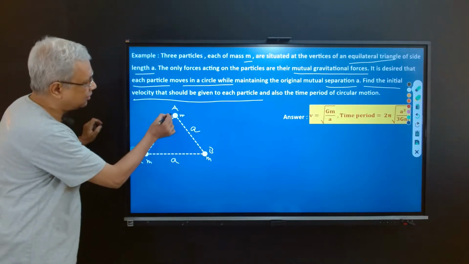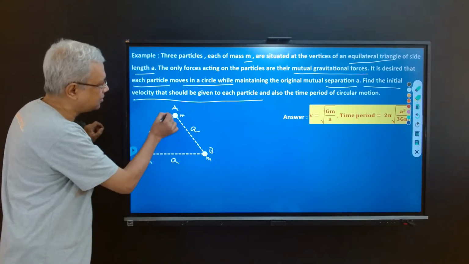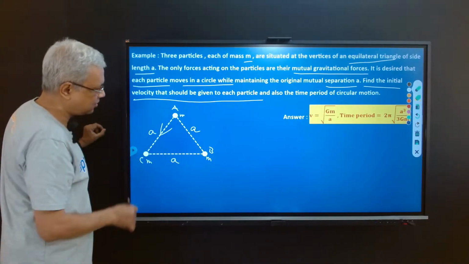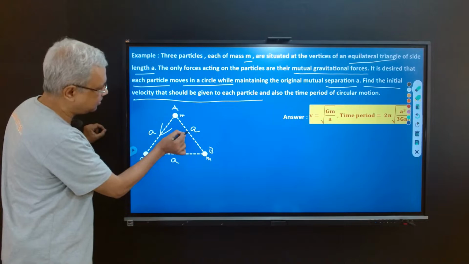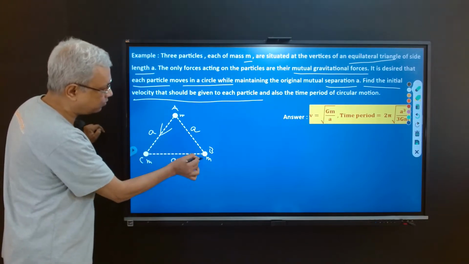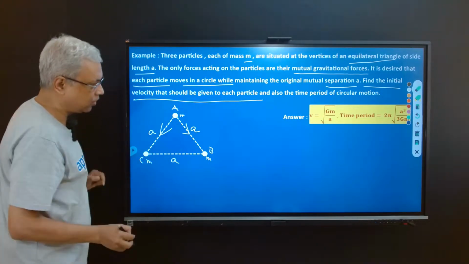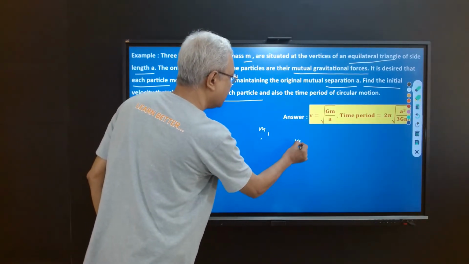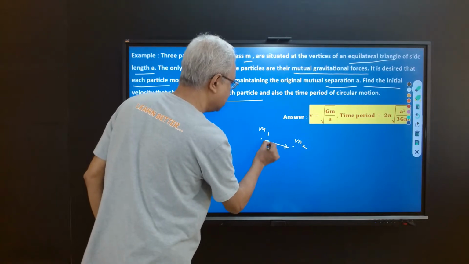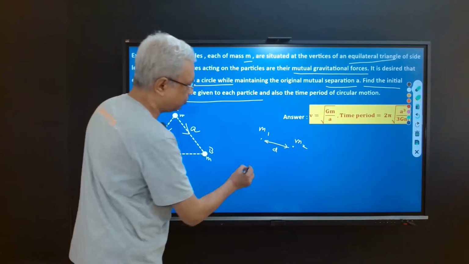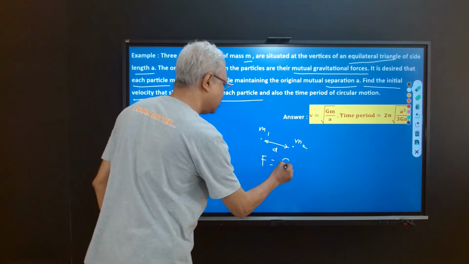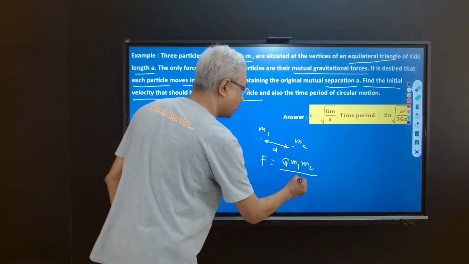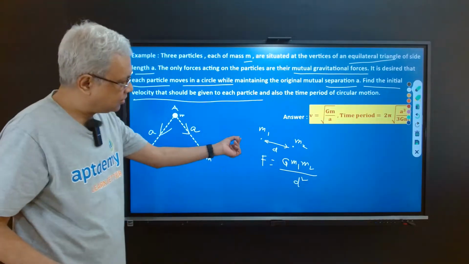That means this mass is experiencing a gravitational pull of this mass in this direction, and this mass is experiencing a gravitational pull of that mass in this direction. If there are two masses m1 and m2 with separation d, then the force of gravitation is G m1 m2 by d squared, and this is an attractive force.